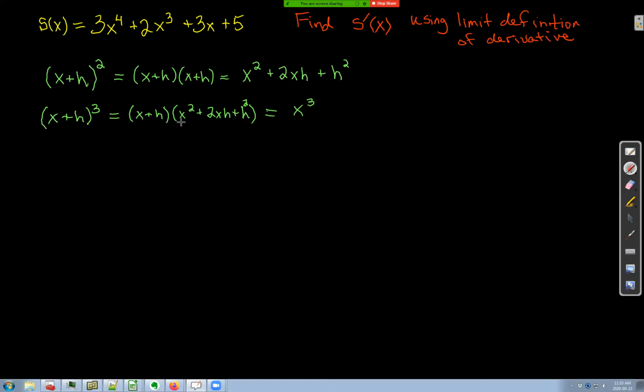And when you multiply these two guys together, you get an x squared and an h. Long story short, if you do all six of the FOILs, what you wind up with is x cubed plus 3 times x squared h plus 3 x h squared, and then plus h cubed.